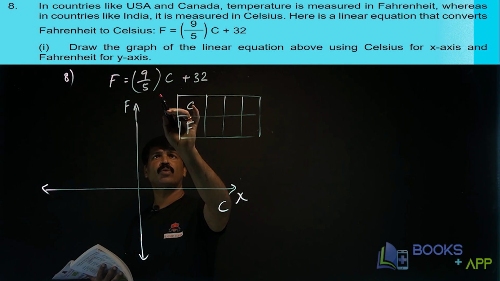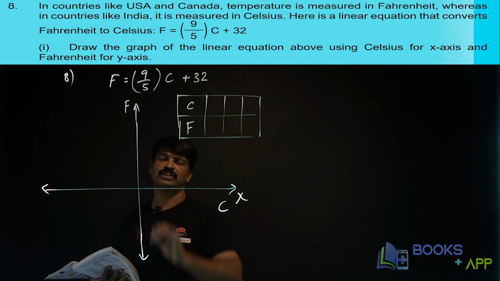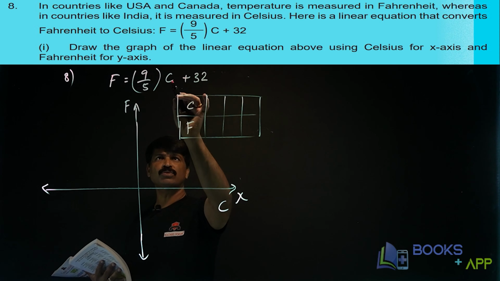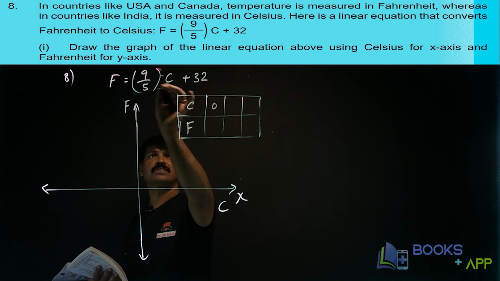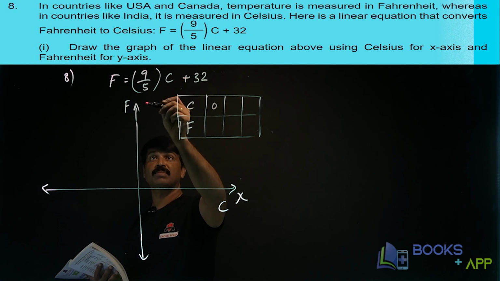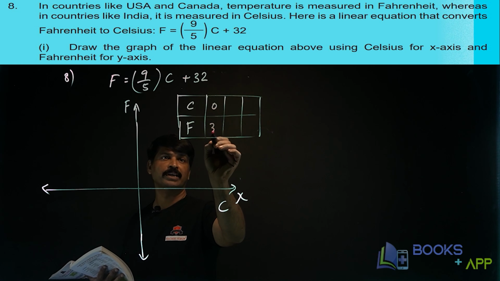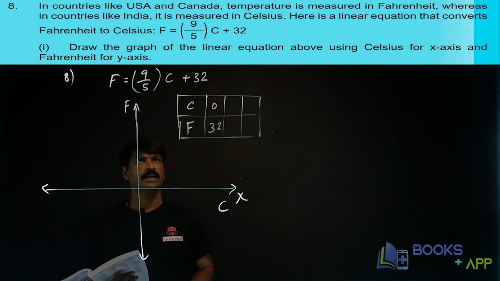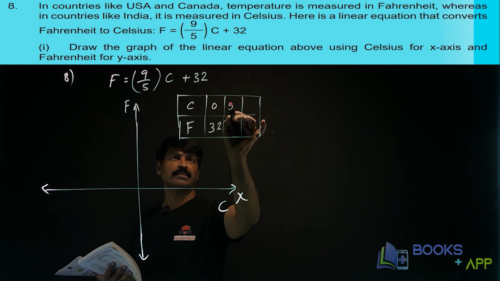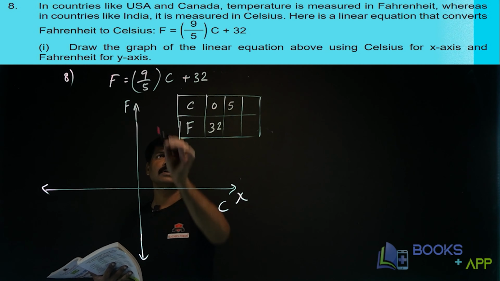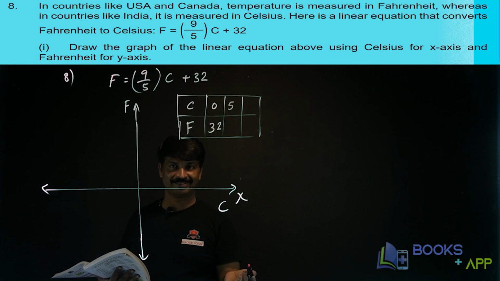For C, you can substitute 0 first. If you substitute 0, what will you get? F, this term will become 0 because 9 by 5 into 0 is 0, so you will get 32. Now, you can substitute 5. Why 5? If you substitute 5, the 5s get cancelled, isn't it?